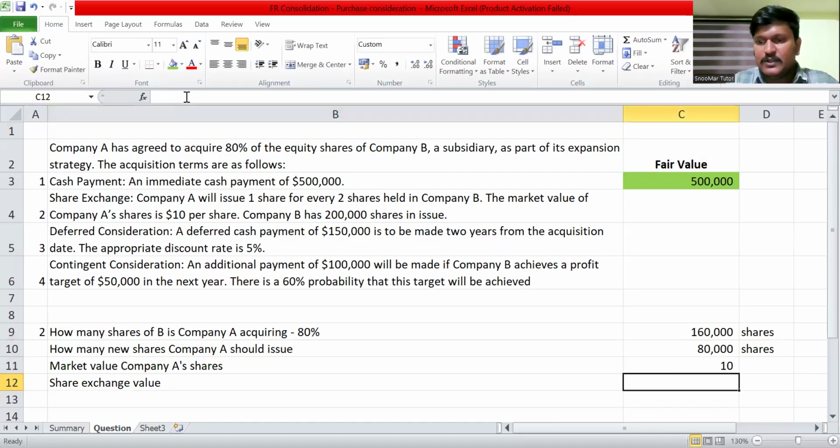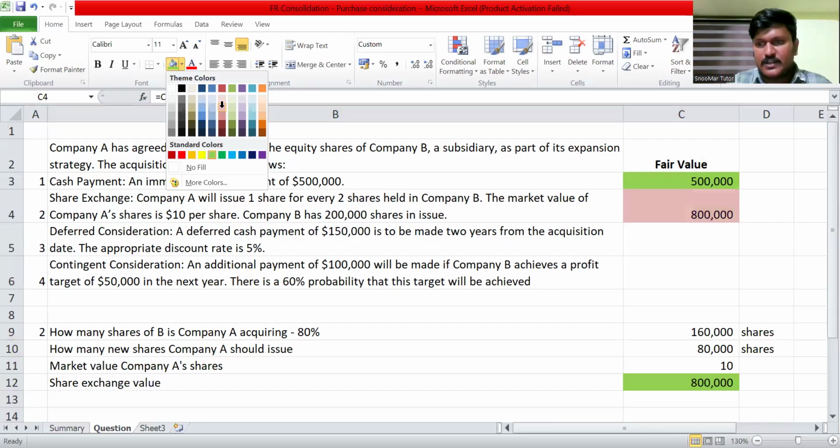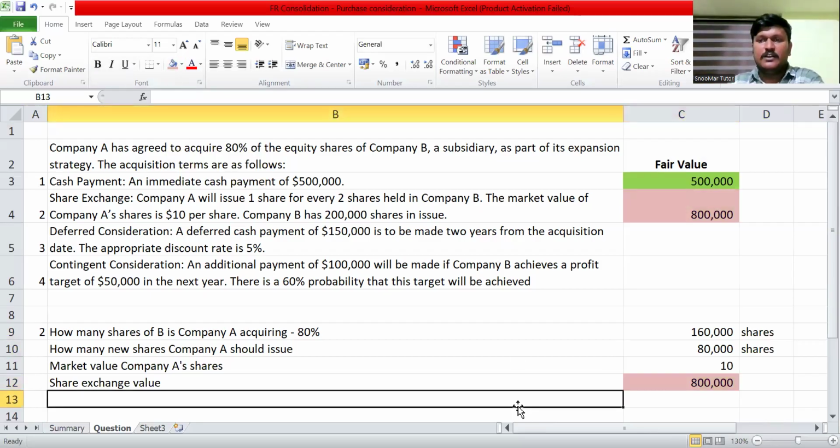The share exchange value is 80,000 new shares being issued at the market value. So 800,000 would be your market value over here, which I am taking to the consideration as well. So the second part is 800,000. Let's change the color so that you understand how we have calculated this. $800,000 is the share exchange value.